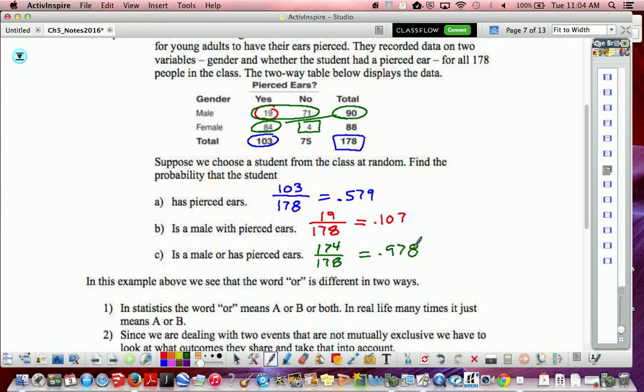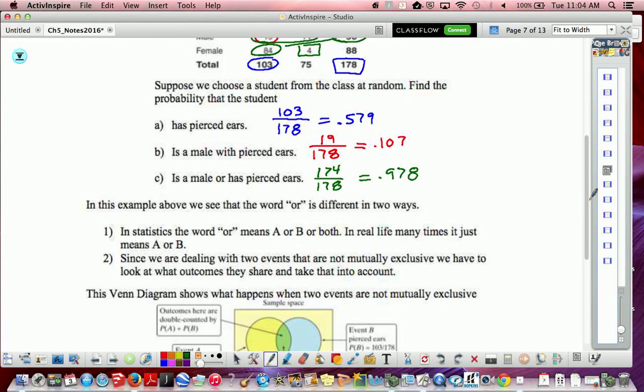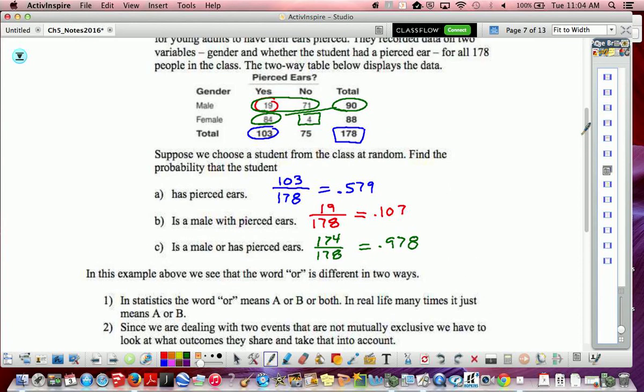All right. Here's the thing that you need to be careful about here. And that's what's being emphasized down here. One of the things sometimes students will want to do is they'll want to say, all right, there were 103 students that have pierced ears and there's 90 males.